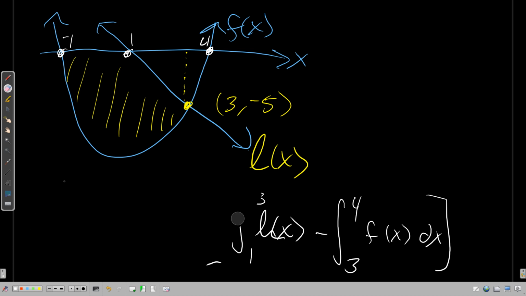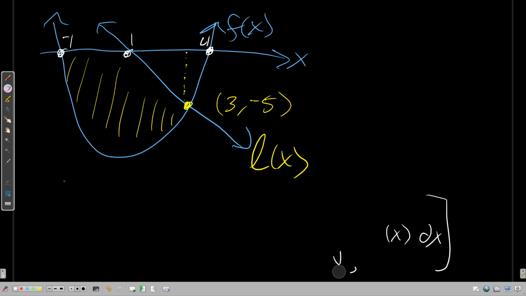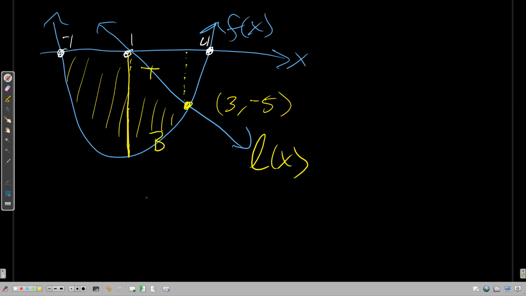You could use your top minus your bottom idea, where after the x value of 1, you have a top curve and you have a bottom curve. So you could integrate from -1 to 1. Now watch this.